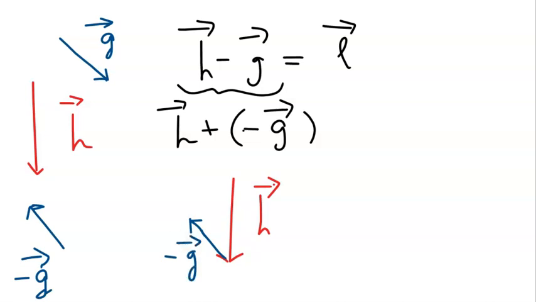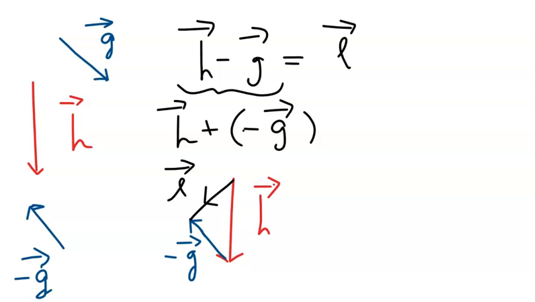And you connect the tail of h to the head of minus g. Like that. And that is vector l. So far we have added and subtracted vectors graphically. They are not to scale, just to give you a qualitative understanding of how to carry out sum and subtraction.